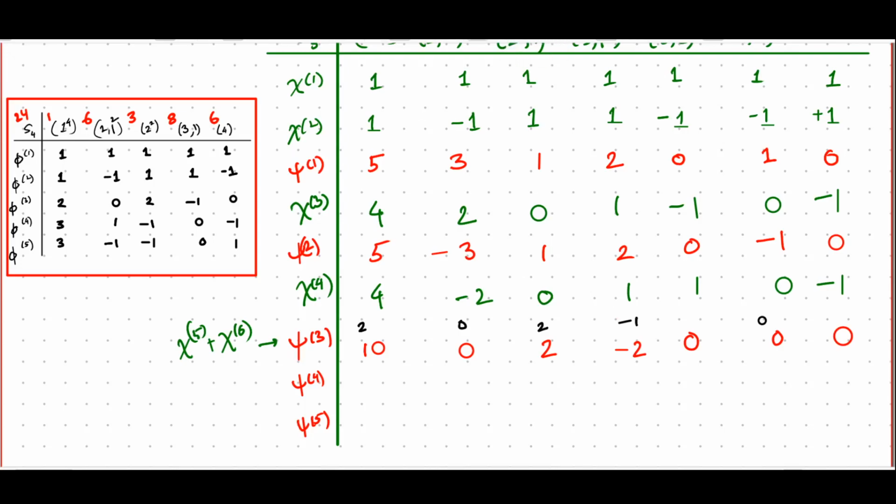So let's just briefly write them down here for our convenience. 3, 1, minus 1, 0, minus 1. And for chi5 is 3, minus 1, 0, and plus 1.